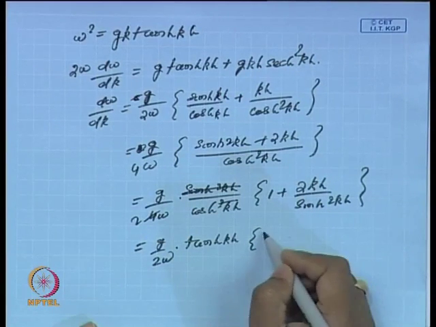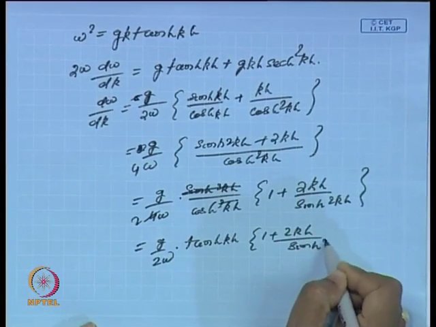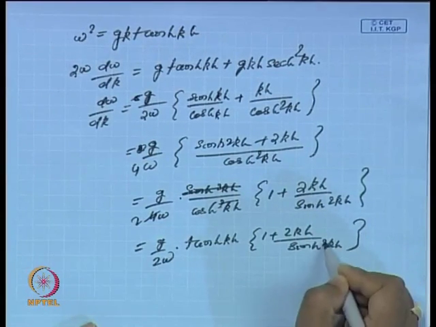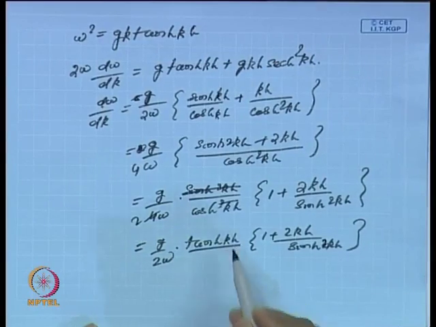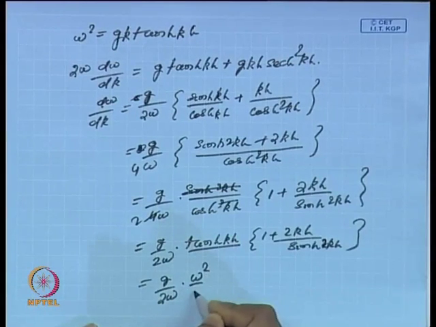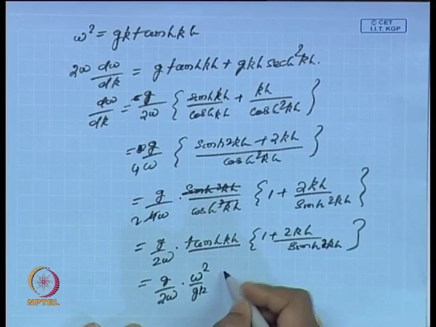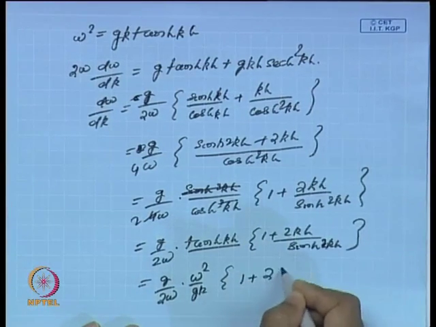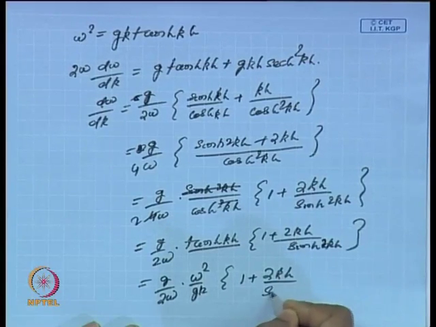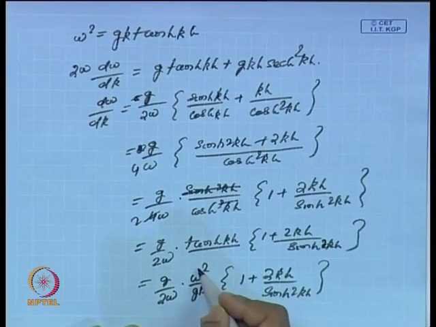And tan hyperbolic kh into 1 plus 2 kh by sin hyperbolic 2 kh, and tan hyperbolic kh will be omega square by g k, so g by 2 omega into omega square by g k, and then that becomes 1 plus 2 kh by sin hyperbolic 2 kh.